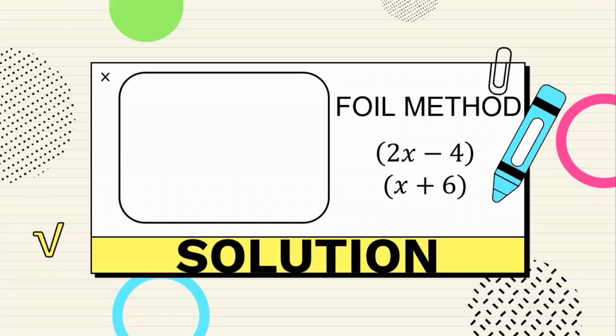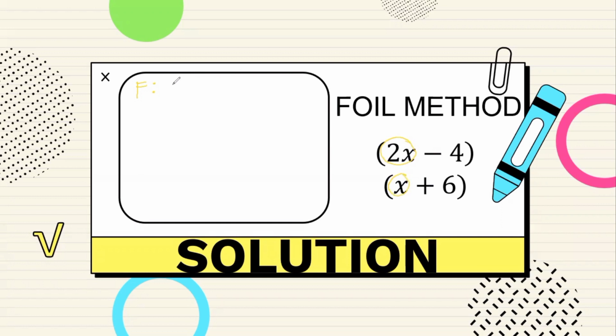Okay, may I once again introduce the application of FOIL method in multiplying polynomials. So, given we have the quantity 2x minus 4 times x plus 6. Using FOIL method, we have the product of the first terms, FOIL F. First term, saan yung first terms dyan ng bawat expression? So first term nung unang expression is 2x, and then first term nung pangalawang expression is x.